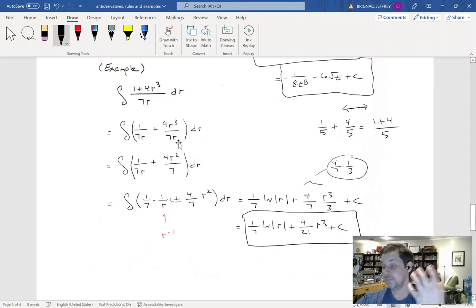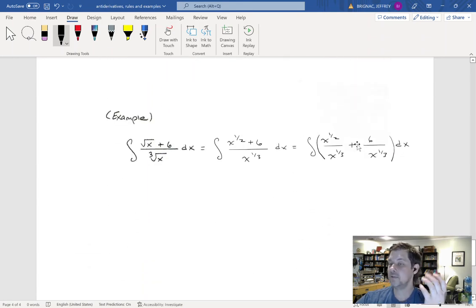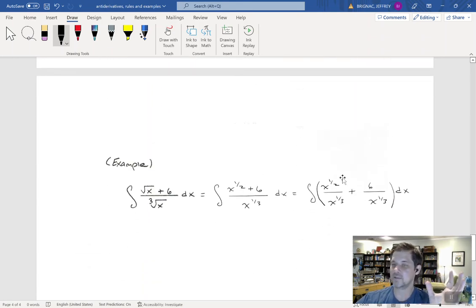And I said, well, some of that cancels. I mean, I got 3 r's on top and 1 on the bottom. That would leave me 2 on the top. I reduced it that way. But you can do that no matter what the powers are. So here I've got another rule for exponents, okay? That when I take a variable to some power n, and this is just algebra, this is not calculus, okay?